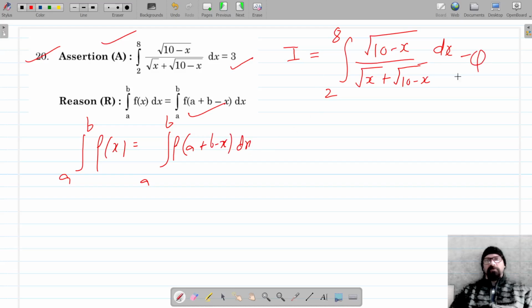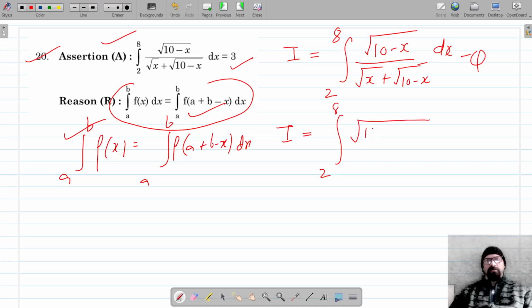Let this be equation 1, and I'm going to use this property. Let's use this property and see if it comes out to be true. If it comes out to be true, that means this is a correct explanation of A. So this is now 2 to 8, and this is under root 10 minus, and instead of x, I will write a plus b minus x.